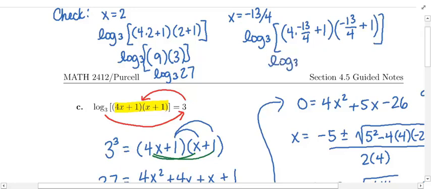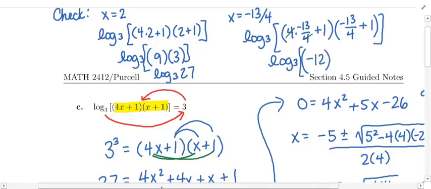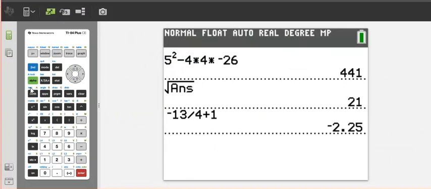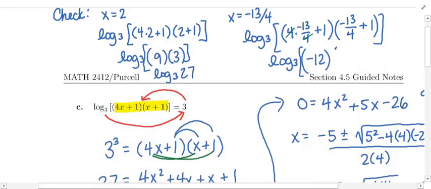This is going to be log base 3 of, the 4's would cancel here. That's going to be negative 13 plus 1. That's going to be negative 12 times, negative 13 fourths plus 1 is going to give us negative 9 fourths.